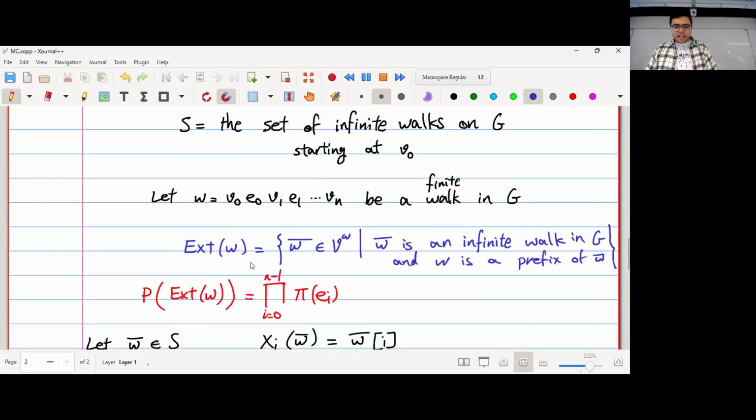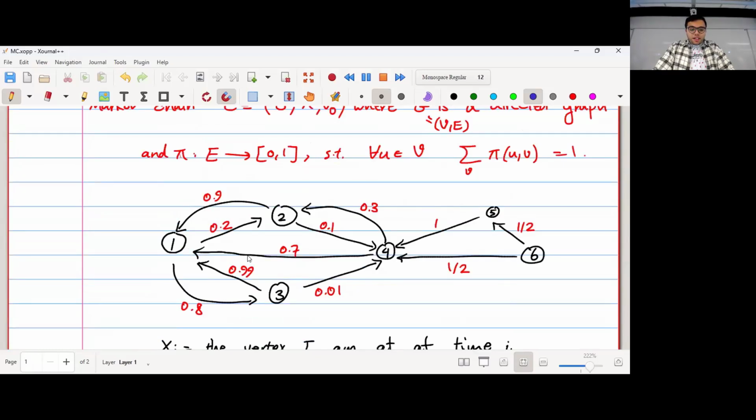Okay. How do I actually calculate it? So one thing I can do is I can take all the paths that reach T. So again, in this case, let's say my T is just my vertex 4. And I can take all these infinite walks that reach T and I can divide them into several sets. I can say, let's first look at the walks that reach T in exactly one step. Then let's look at the walks that reach T in exactly 2 steps, 3 steps, and so on. And let's find the probability of each of these sets and let's just sum up the probability.